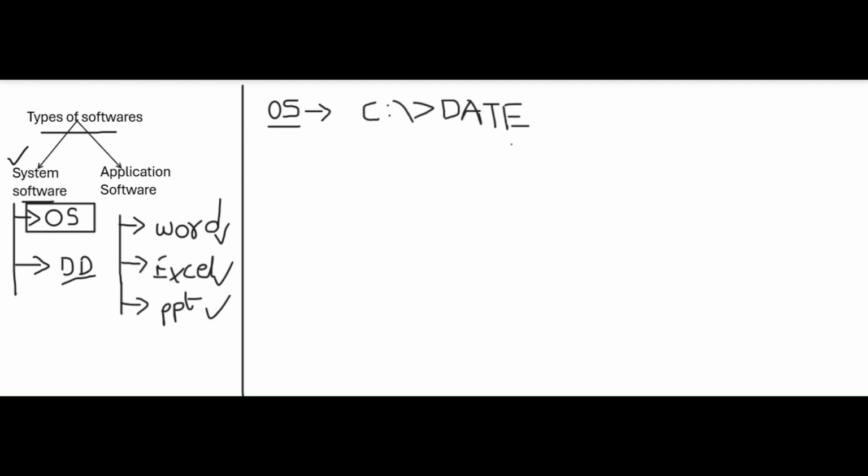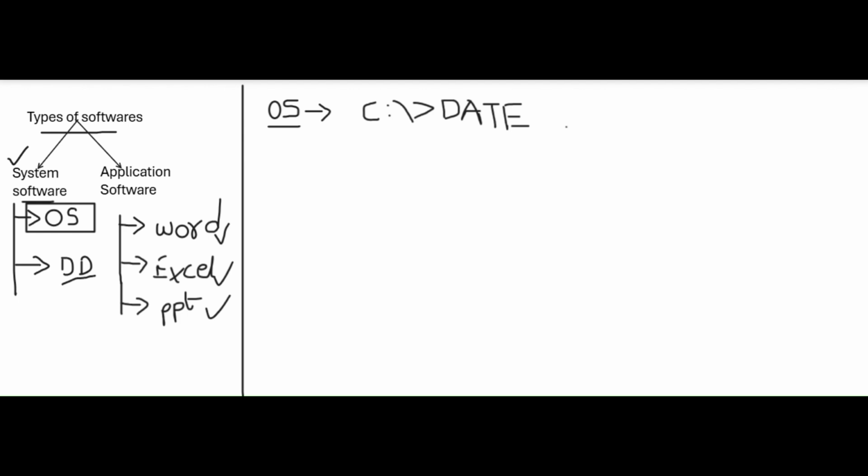After all, a computer is an electronic system, right? Every electronic system will have only two states. It can understand only two things, either on or off. For example, take an electronic switch in your home.